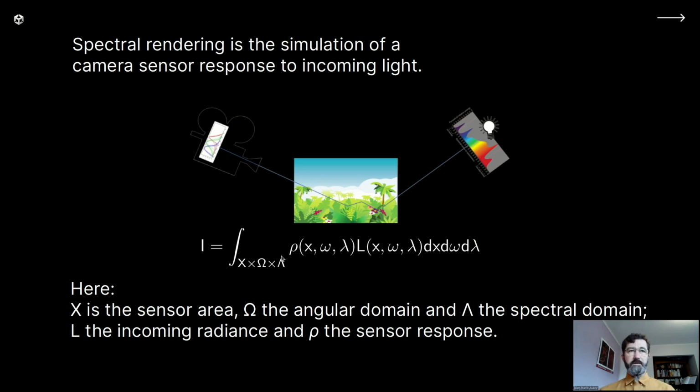At the integrand, we have a product of L, which is the incoming radiance, and Rho, which is the camera response, or the sensor response. Now, the sensor response would be an R, G, and B, so a three-dimensional vector.